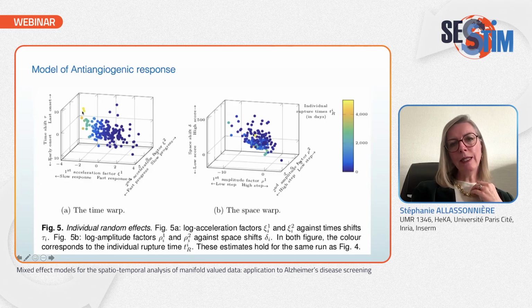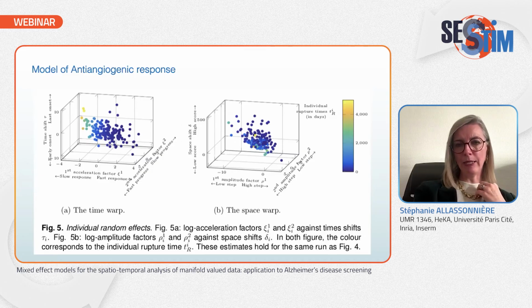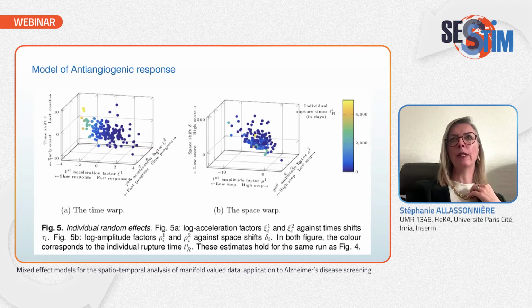So you can see there seems to be something that is correlated between what happens before and what happens after the escape in time. So these are primary results on cancer.